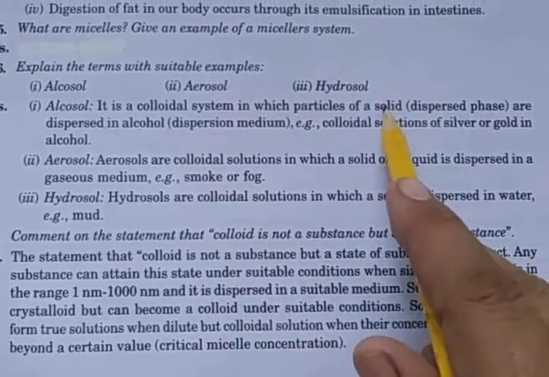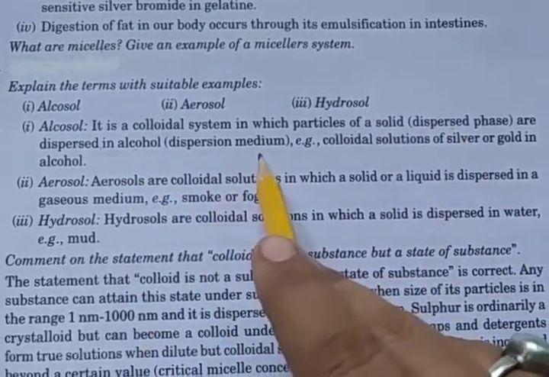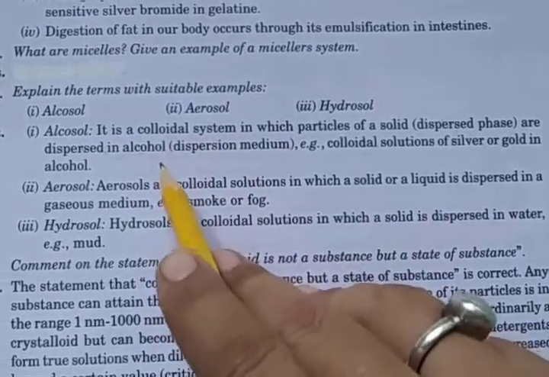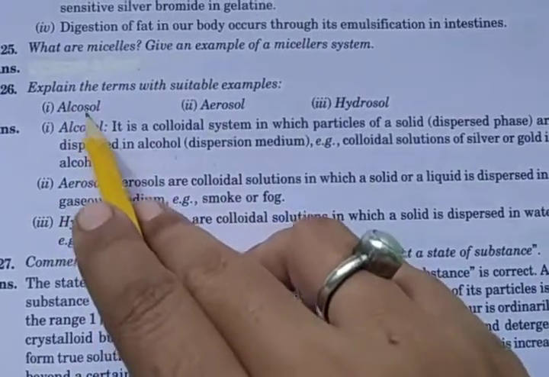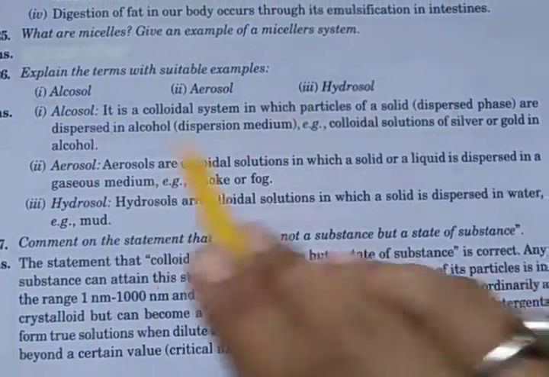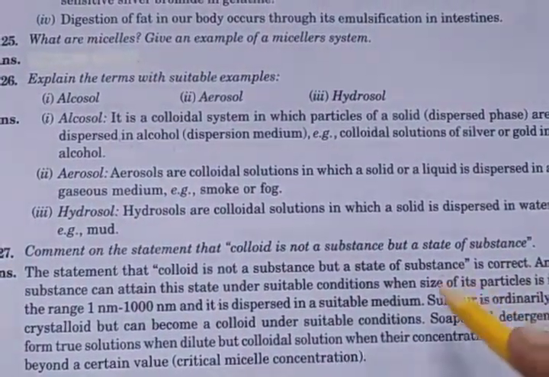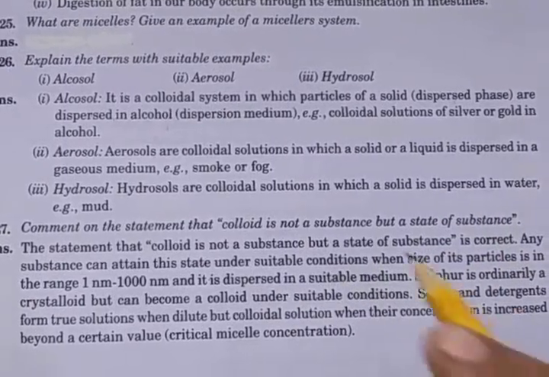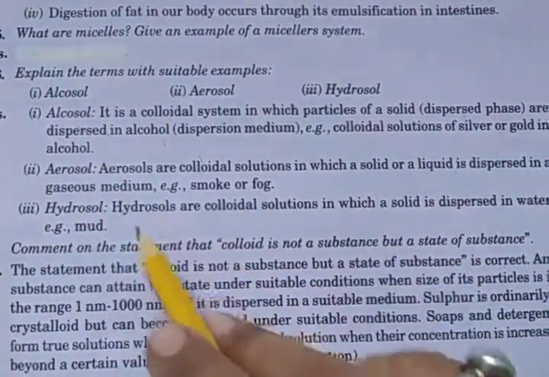So solid particles are the dispersed phase, and alcohol is the dispersion medium. So when the dispersion medium is alcohol, it is known as alcosol. Example, colloidal solution of silver or gold in alcohol. So silver or gold as a solid is dissolved in alcohol, so it is known as a colloidal system called alcosol.